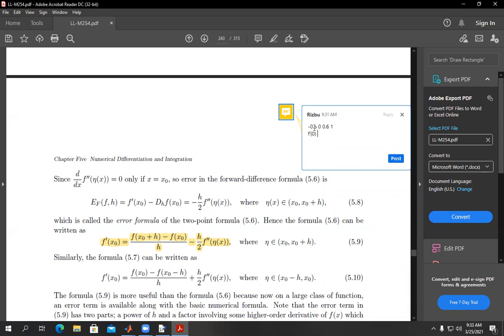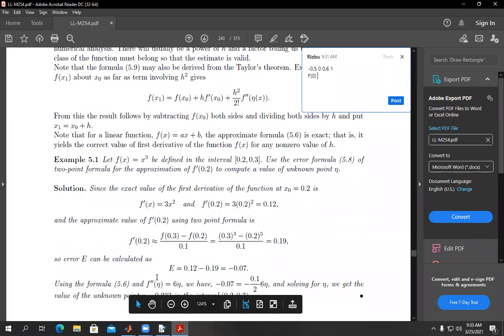But if you use this one, the distance between 0 and 0.5 is 0.5. The smaller the h, the better the approximation. It means the best 2-point formula is the backward difference formula. So this is what we have to remember here.